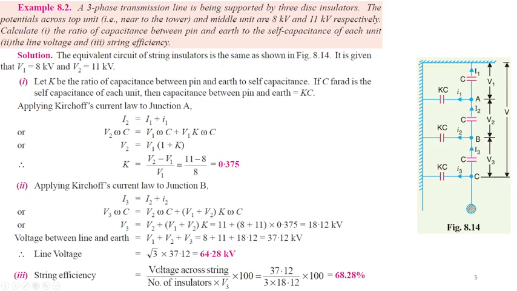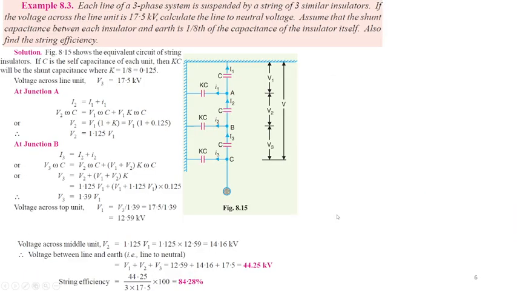String efficiency can be found again based on these equations, and we will have 68.28%. Okay, so this is another example. I just try to solve all of these examples again because they are very, very similar to one of your questions.